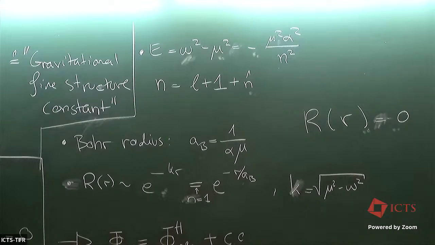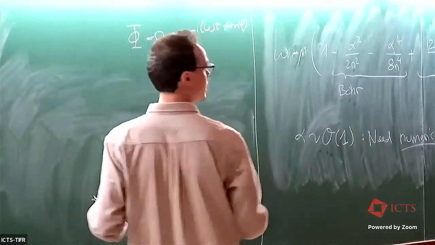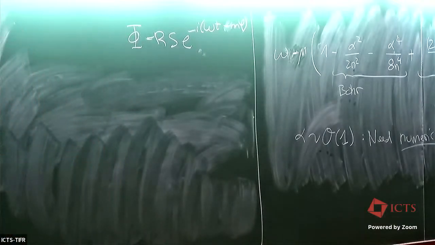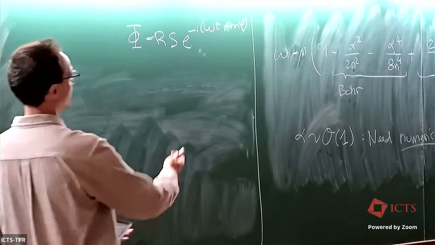The way this must be captured in our ansatz, which was this, is that the time dependence somehow has to change. Because if we have some field configuration that loses energy or gains energy from the black hole, then the configuration must change over time.